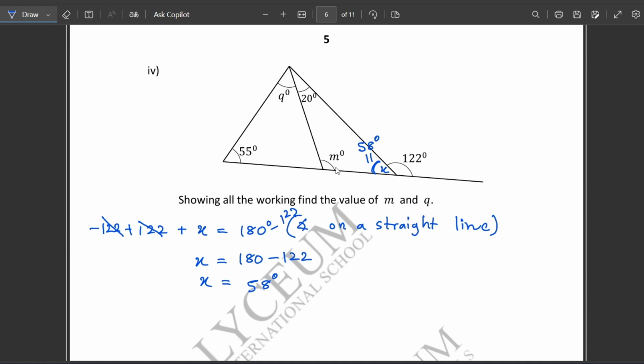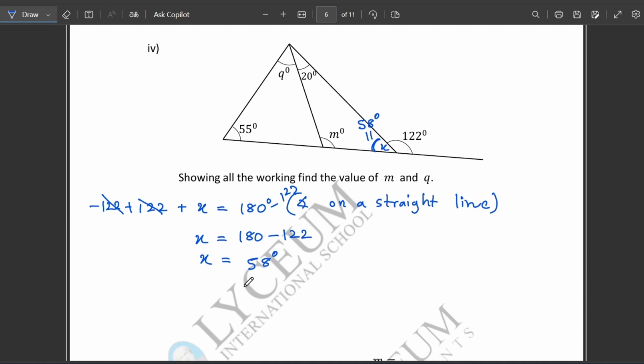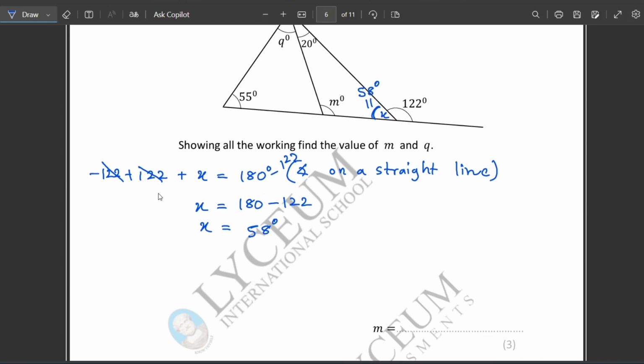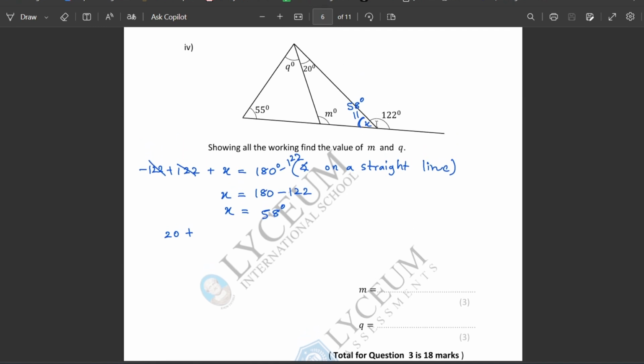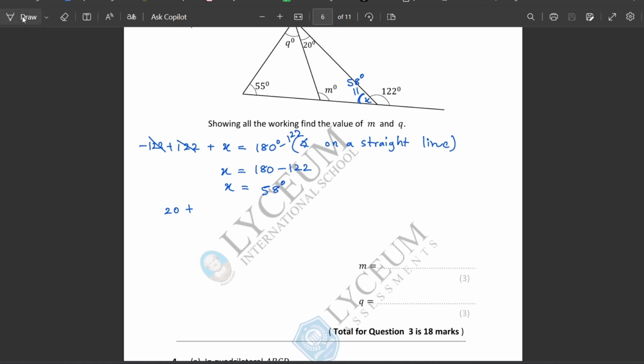Then I can get the value of M because this is a triangle. Interior angles should be equal to 180.